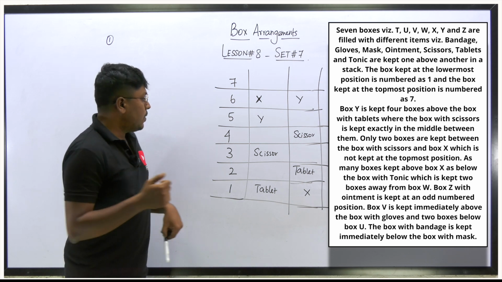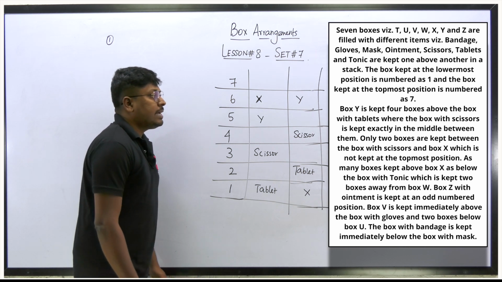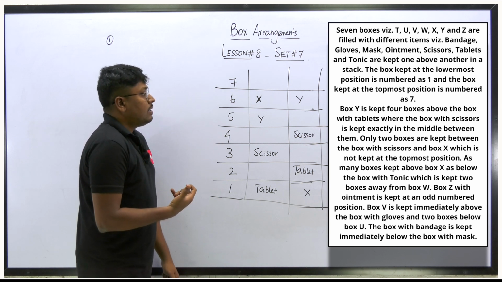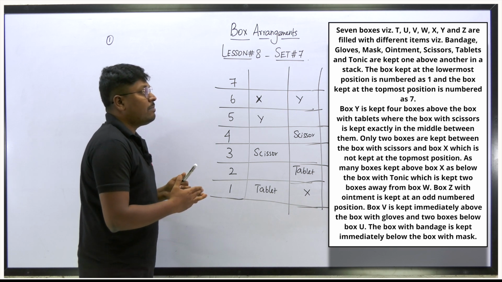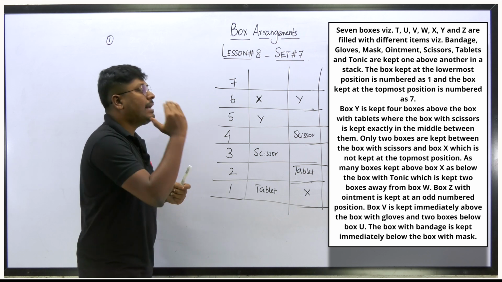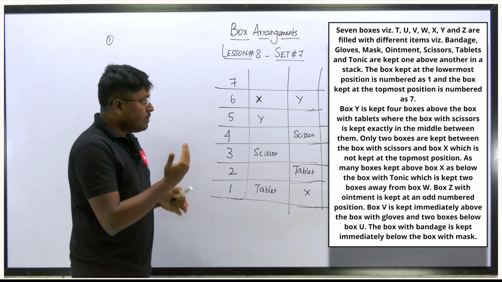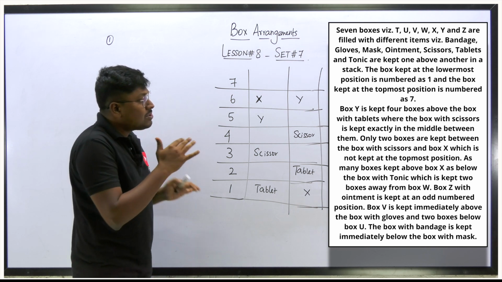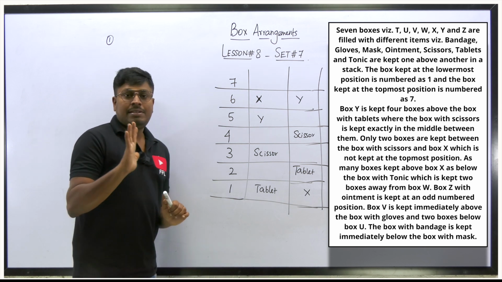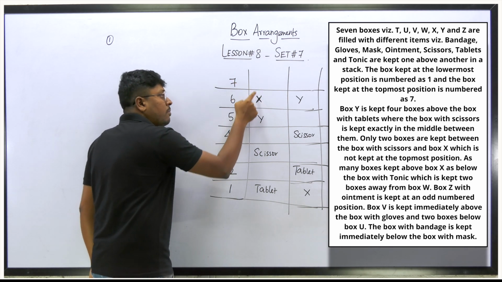That's it. Okay, friends. So what is the next point remaining? As many boxes kept above box X as below the tonic, which is kept two boxes away from box W. I think this is also a three-line sentence. What they are saying is, let me see how many boxes are above box X. In this case, above box X, how many boxes are there?